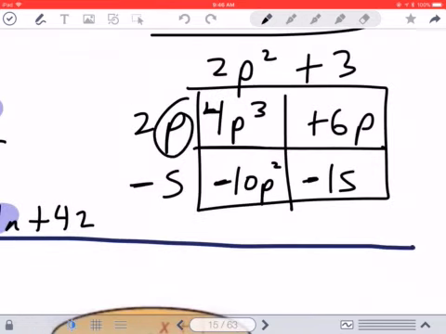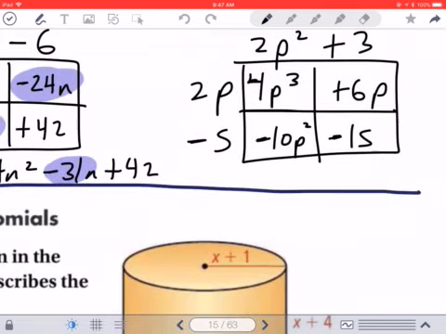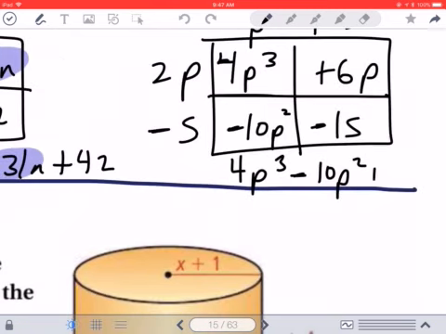I have p times p squared is going to be p cubed, so I'm good there. I have p times nothing here, which is going to be p. And then I have p squared, don't have a variable there, so that's just p squared. And then I have no variable there. So this is going to be 4p cubed minus 10p squared plus 6p minus 15.